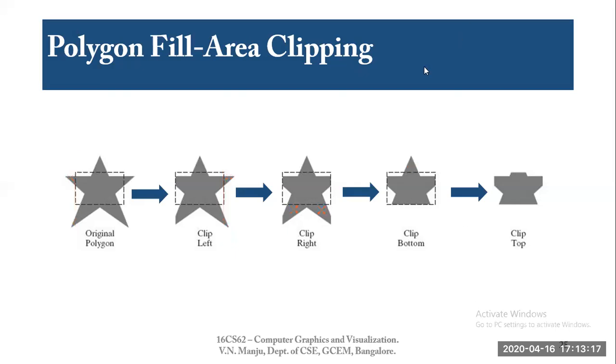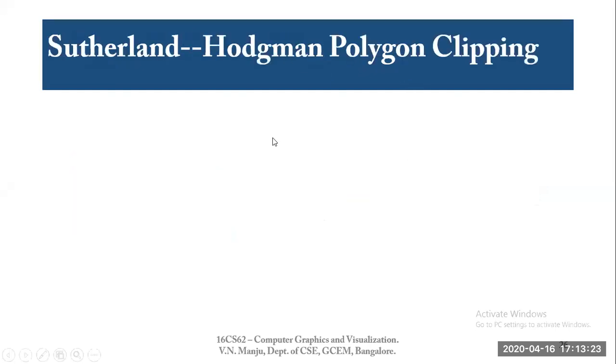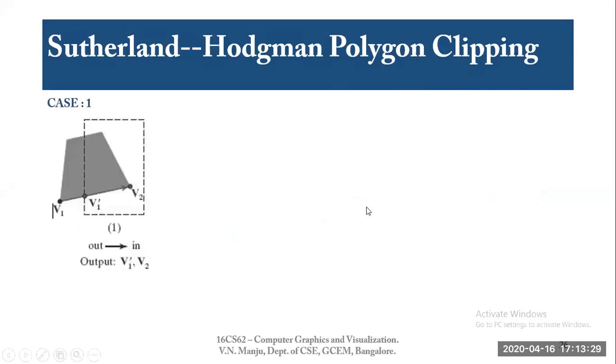Now we will see how the Sutherland Hodgman algorithm will be working. When we talk about the Sutherland Hodgman clipping algorithm, here we have 4 cases. This is a very important case. In this we call this a clipping window. I can write it like this: this is a clipping window.